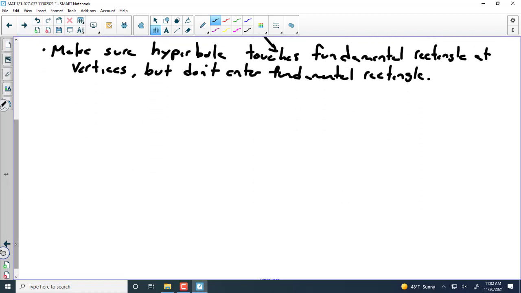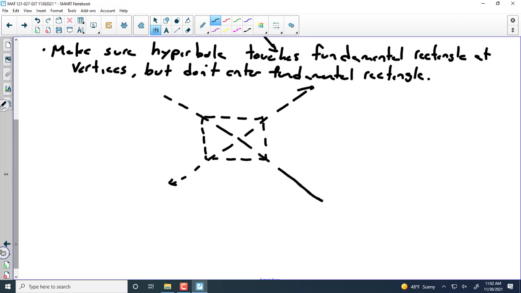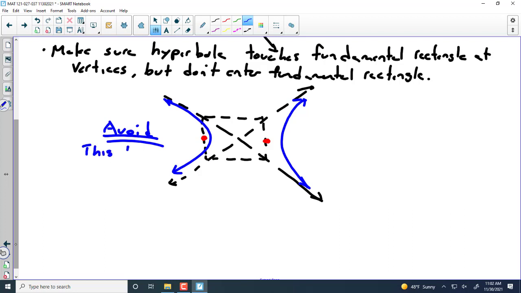It is very, very easy when you are sketching a graph of a hyperbola to just get kind of lazy and miss your vertex, or miss it that way. So make sure you're actually hitting the point you're supposed to hit, the vertex. Avoid this error.